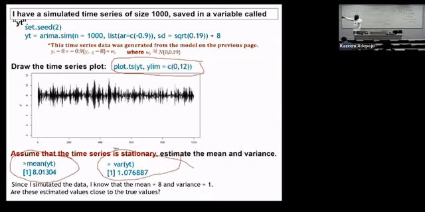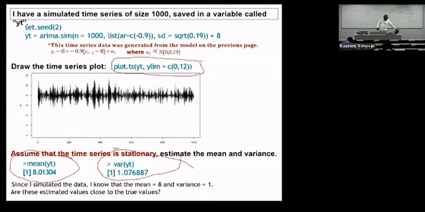Now look at that. Are these estimated values close to the true values? The theoretical mean and the population mean are the true values. The sample mean that we got is very close to 8. The variance that we got, we can compare to the 1 that we had the other time. So take a look at that.